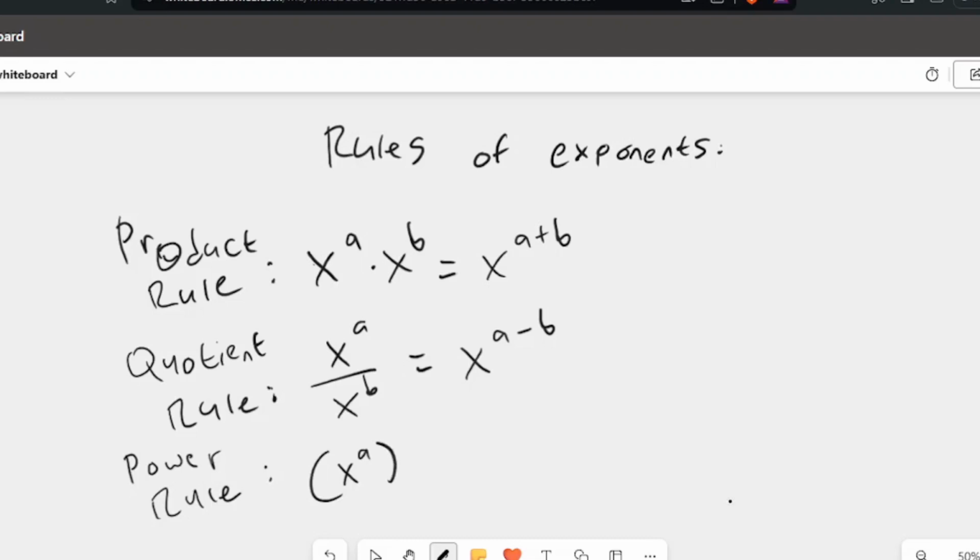Now again, x is our base, this is our power, but let's say we want to raise a power to a power. Let's say n would represent another power, which in this instance, you're essentially going to take a, and you're going to multiply it by n.